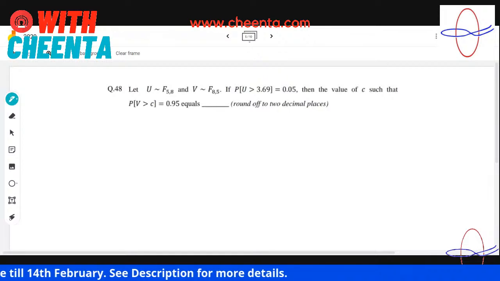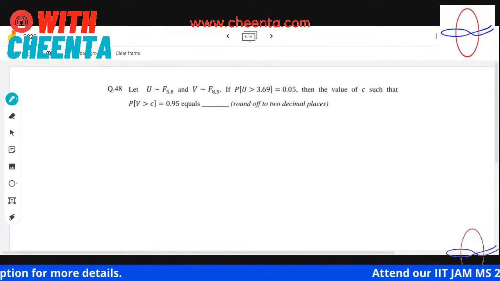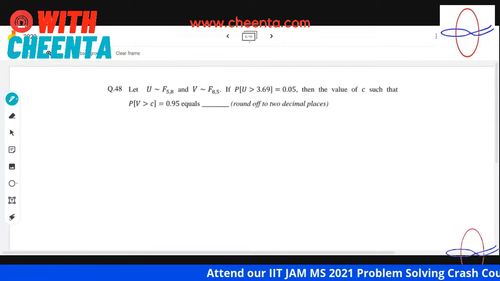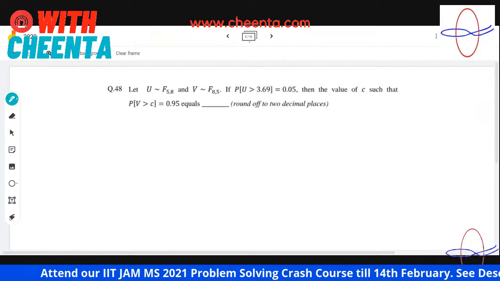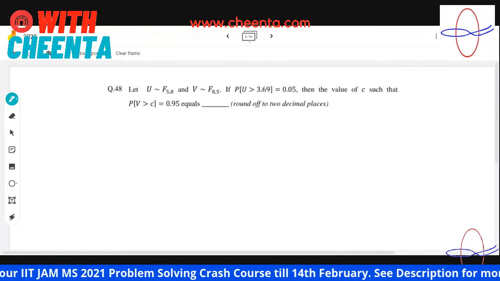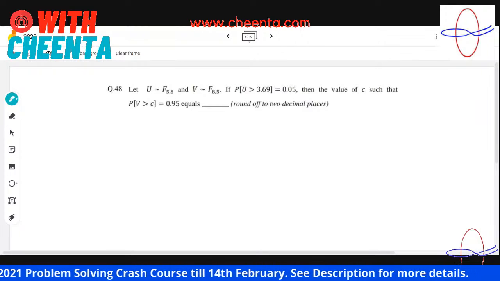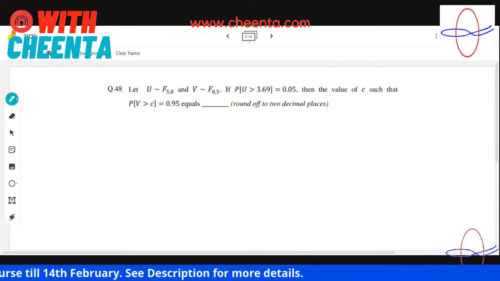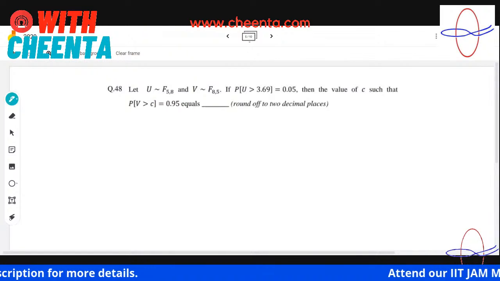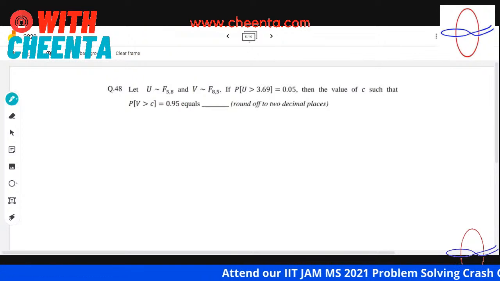Okay, so let's move on to the next problem. So I hope you remember the definition: root over chi-square by m, by root over chi-square by n, is the F statistic, right?